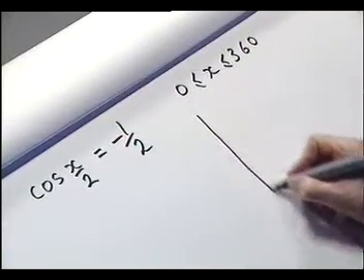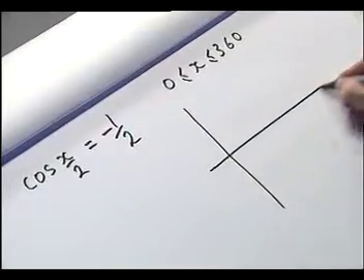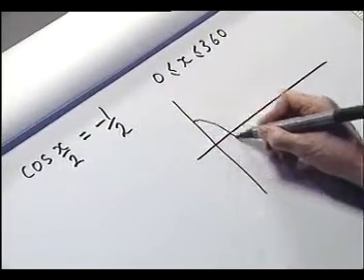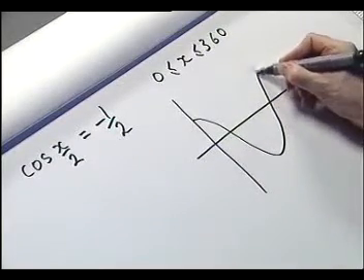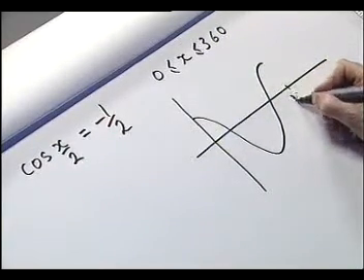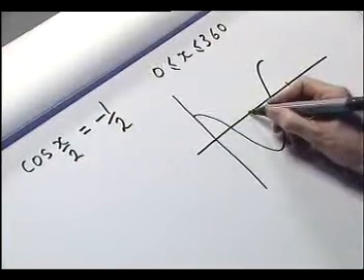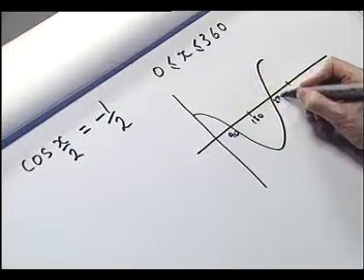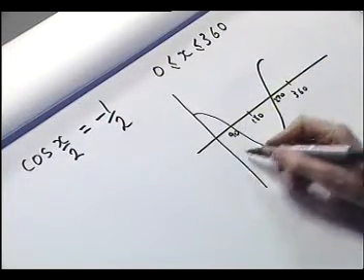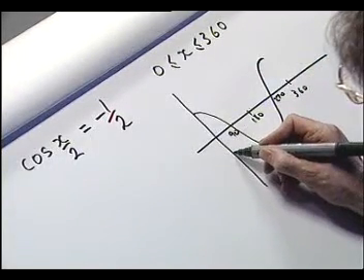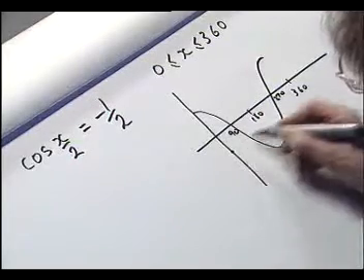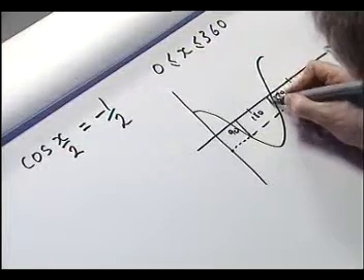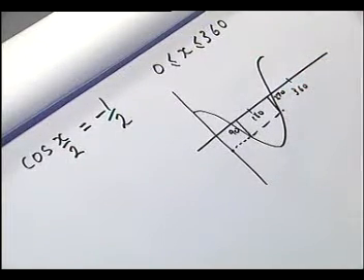So let's draw the graph of cos x between 0 and 360. So there we've got it, 360 there, 180 there, and we've got 90 and 270 there and there. Minus a half. Now that's going to be there, across, and then these are the ones that we are after.